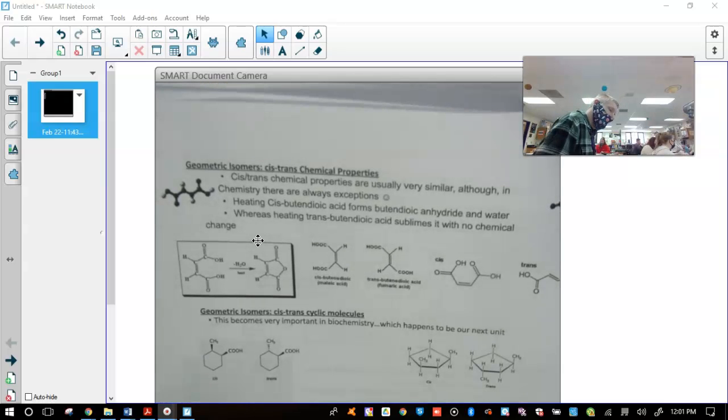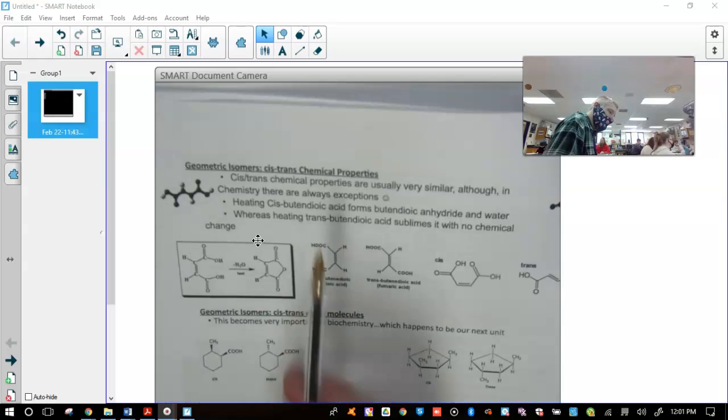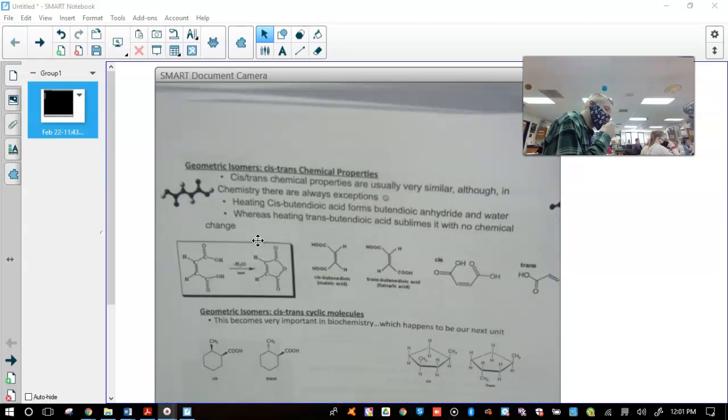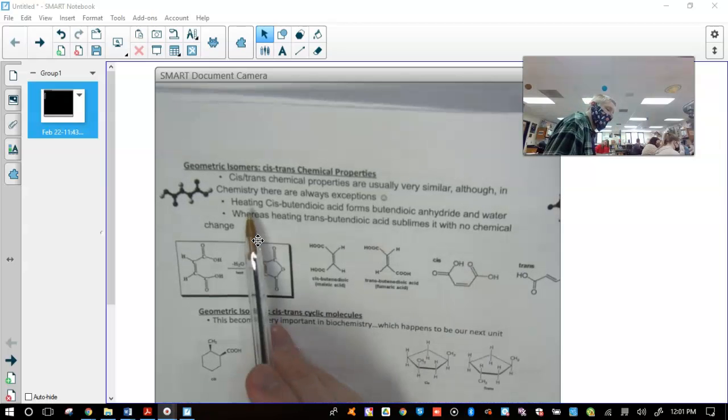All right, we're still talking about geometric isomers. Cis-trans chemical properties are usually very similar, although in chemistry there are always exceptions. So we're not going to get into the differences in the chemical properties because of those exceptions. But here's just an example.